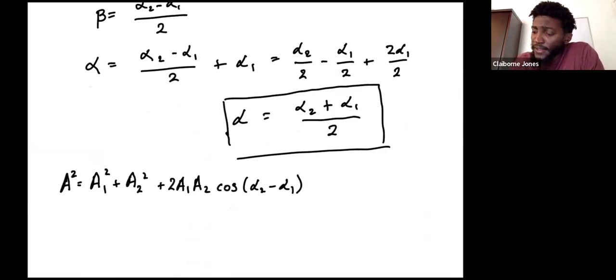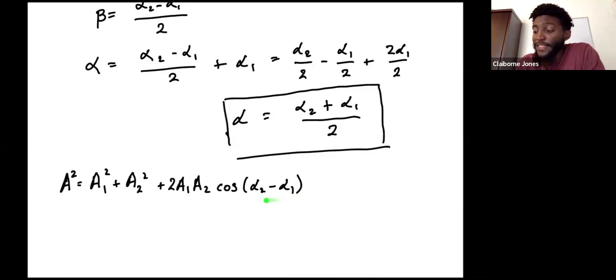So we related the amplitude to the four things that we knew: the amplitude of our first disturbance and of our second disturbance, as well as the phases of our disturbances.